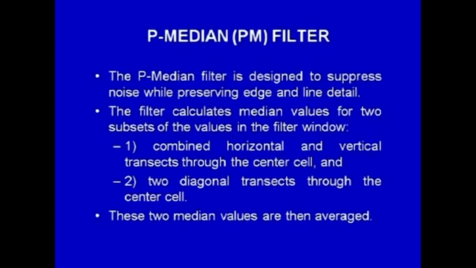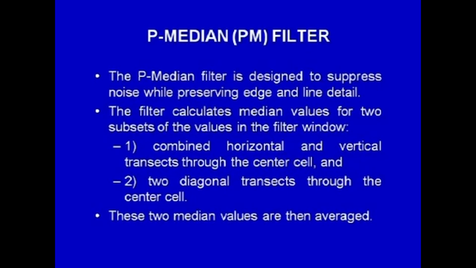P median or PM filter. The P median filter is designed to suppress noise while preserving edges and line details. The filter calculates median values for 2 subsets of the values in the filter window: 1, combining the horizontal and vertical transects through the cell center, and 2, the diagonal transects through the cell center.